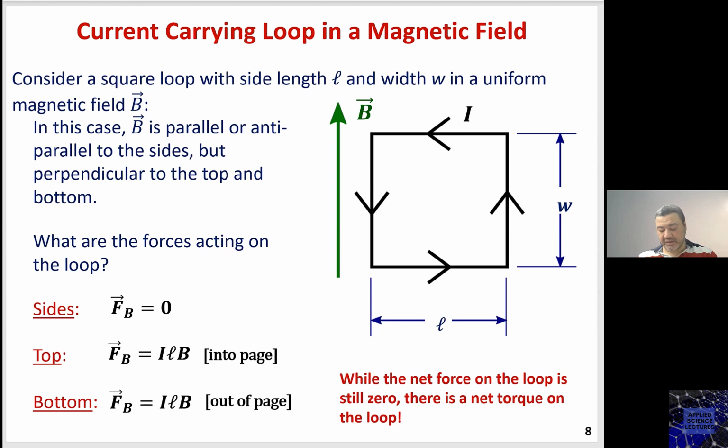So since the magnetic field is parallel and anti-parallel to those sides of the loop, definitely the forces exerted on them would be zero. Why? Because the angle between them is zero.